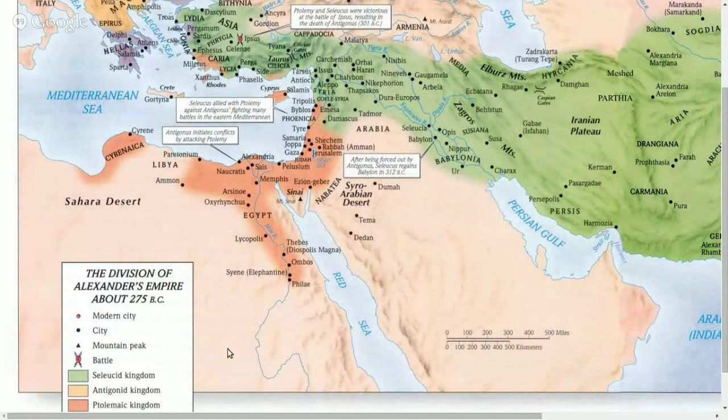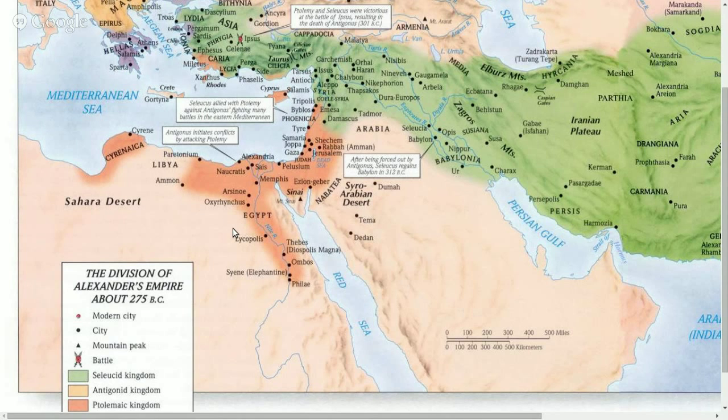They would be the Ptolemies and the Seleucids, and hopefully you can see my cursor. But the Ptolemies, basically the division of the Greek Empire after Alexander the Great's death, was divided amongst 4 of his generals. And I won't go into too much detail because it's just too much information for our purposes.